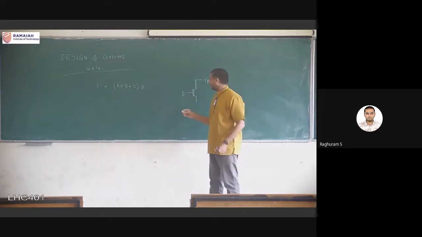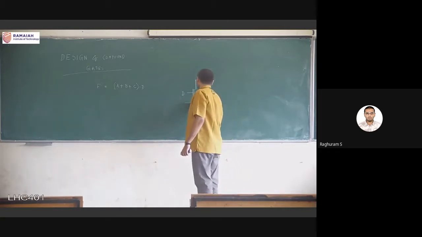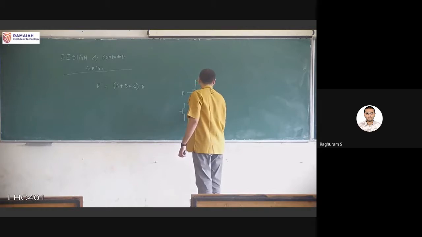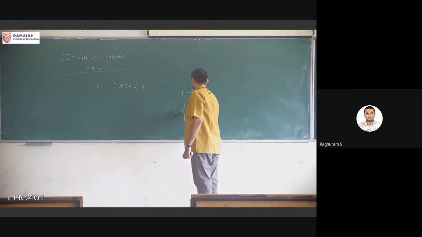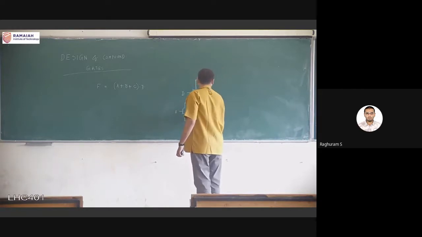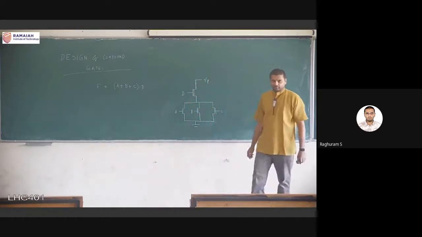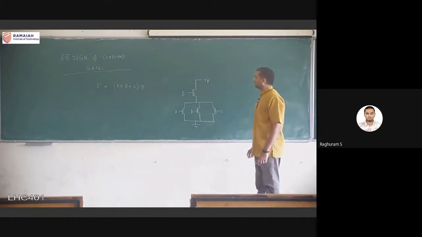Whenever I have plus, it means that the transistors go in parallel. Okay, A plus B plus C. So this is the pull down network for this function.